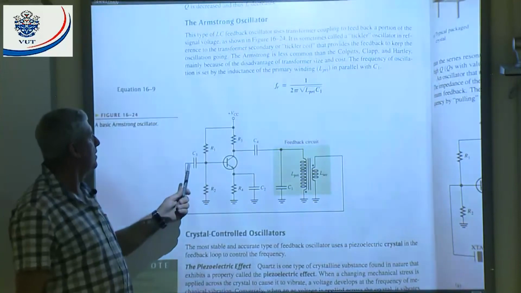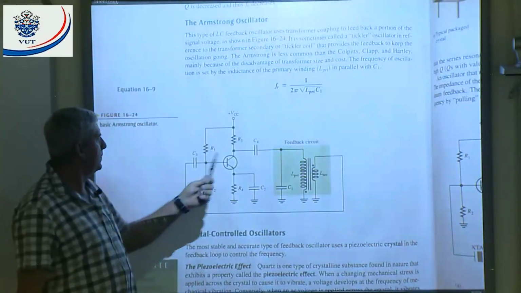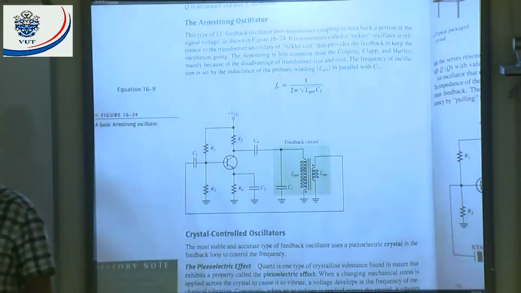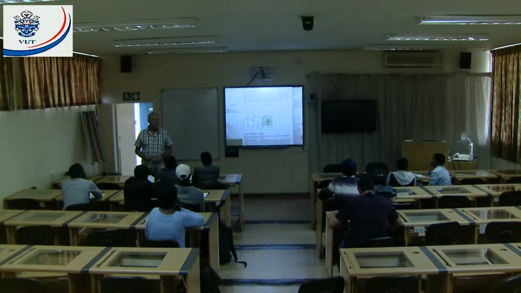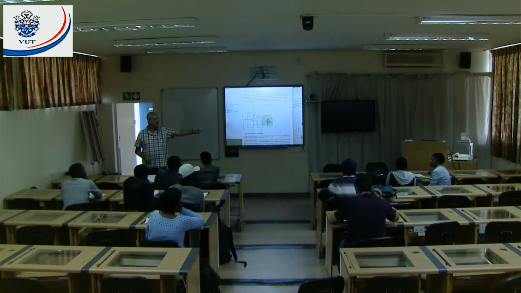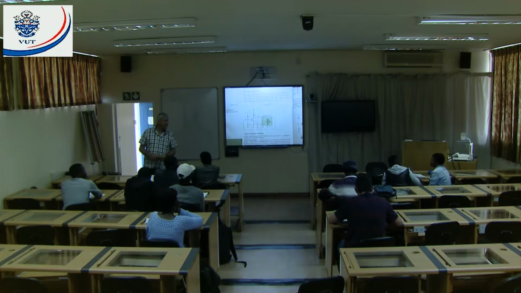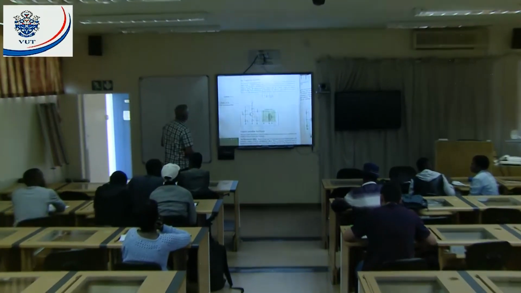Now, we know the phase shift between the input and the output of the amplifier. How many degrees? 180 degrees between the input and the output.